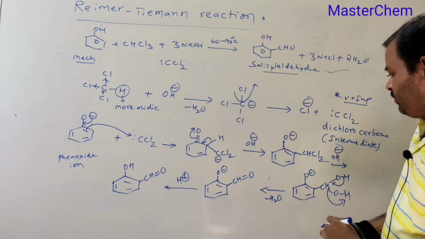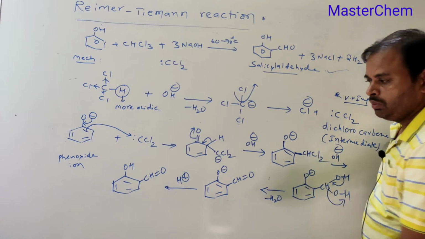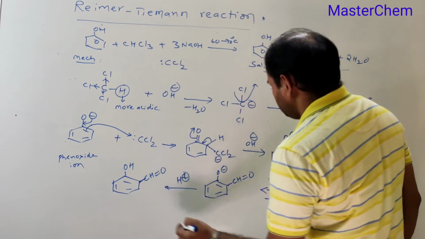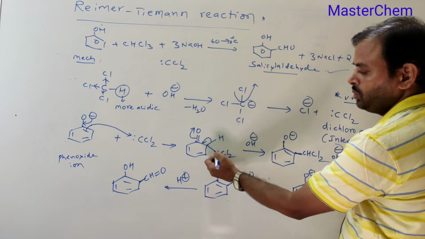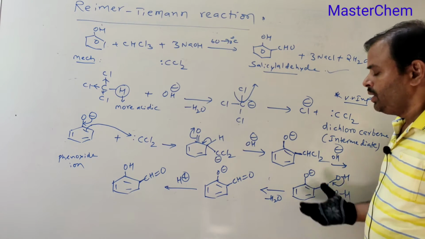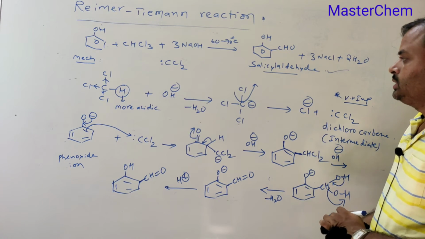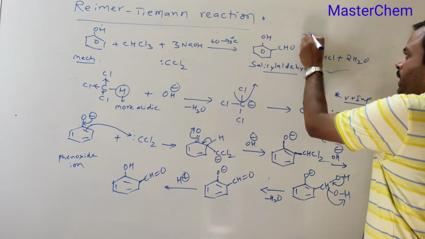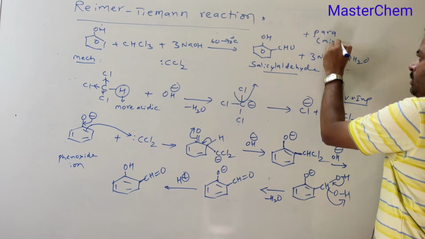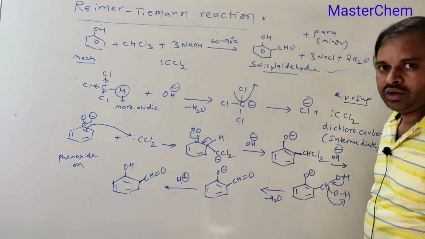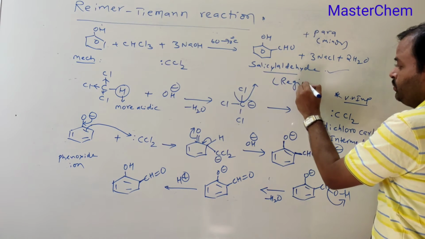Here, where is the new carbon-carbon bond? This one is the new carbon-carbon bond, formed in this step only. The major product is the ortho product. Para product is also formed, but it is minor. This is called regioselective.